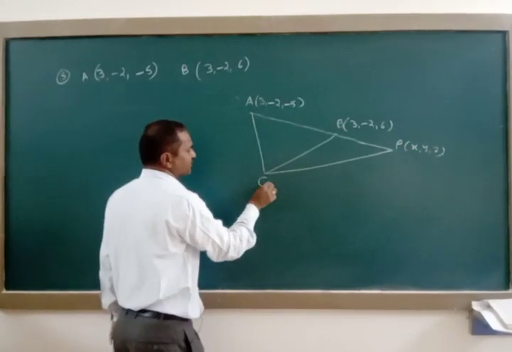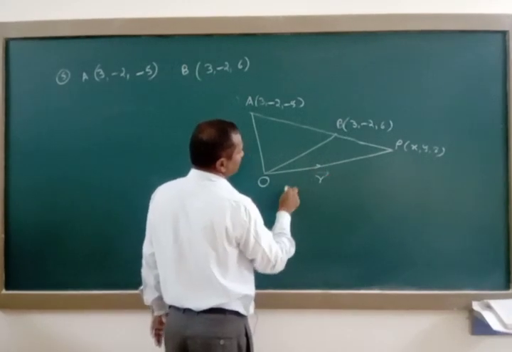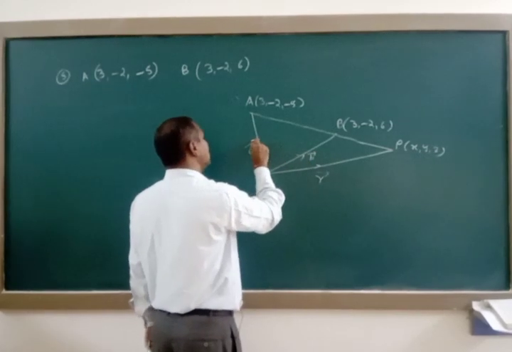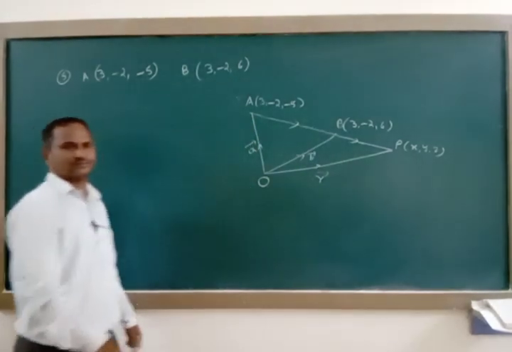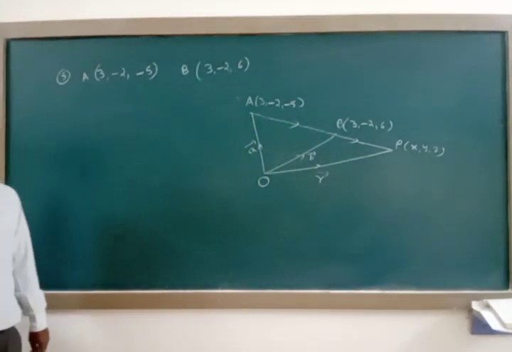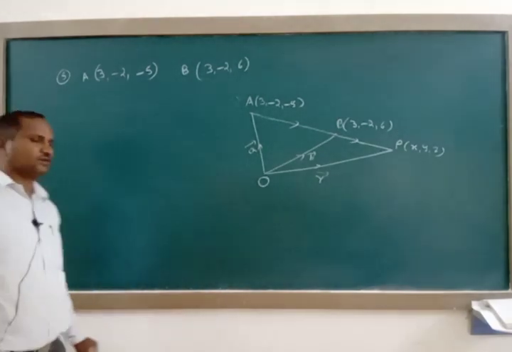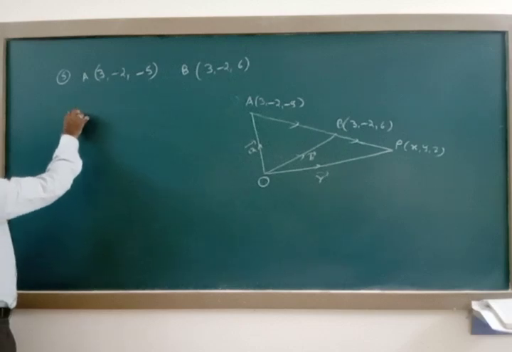And O is the fixed point here. Here r vector, here small letter b vector, here small letter a vector. Direction is the same here. With the help of all these 3 conditions, we have to find the equation in vector form and Cartesian form. First one is vector form here.